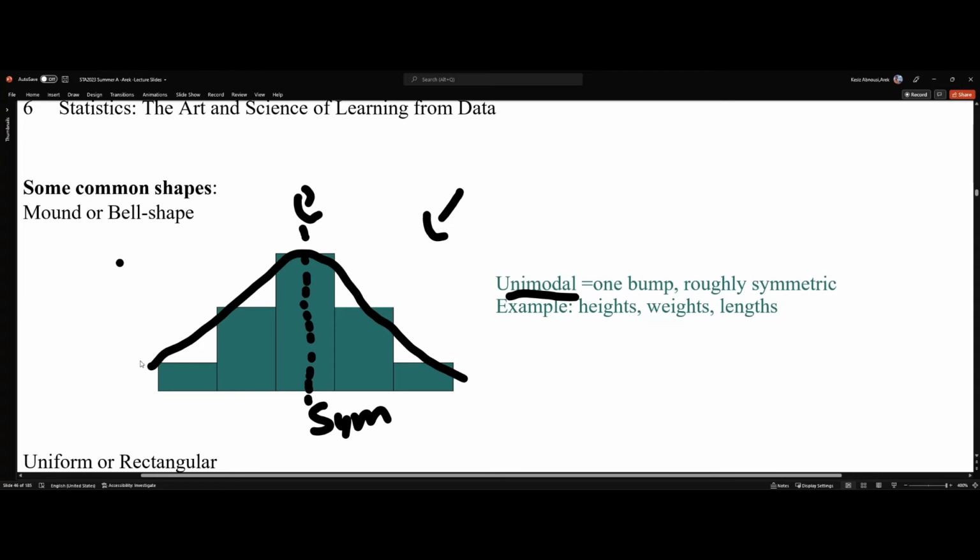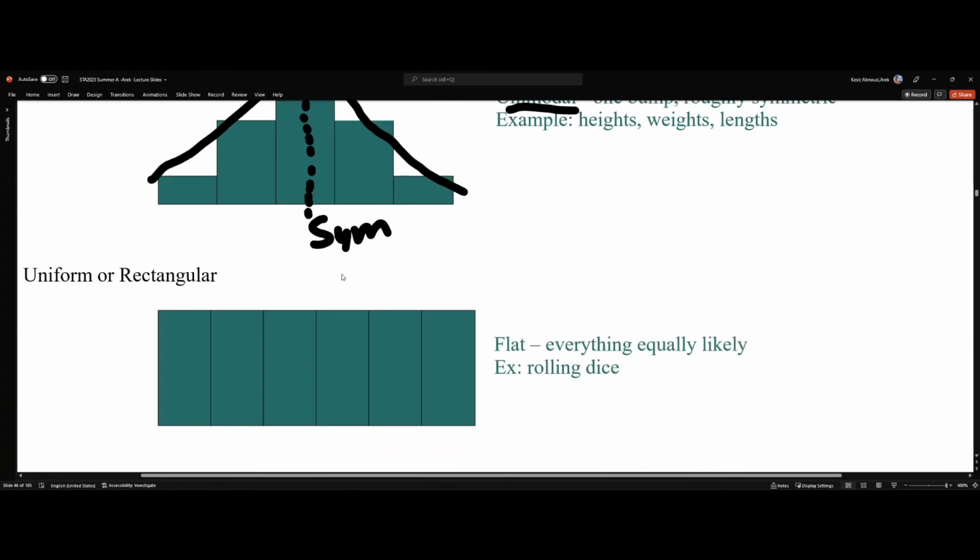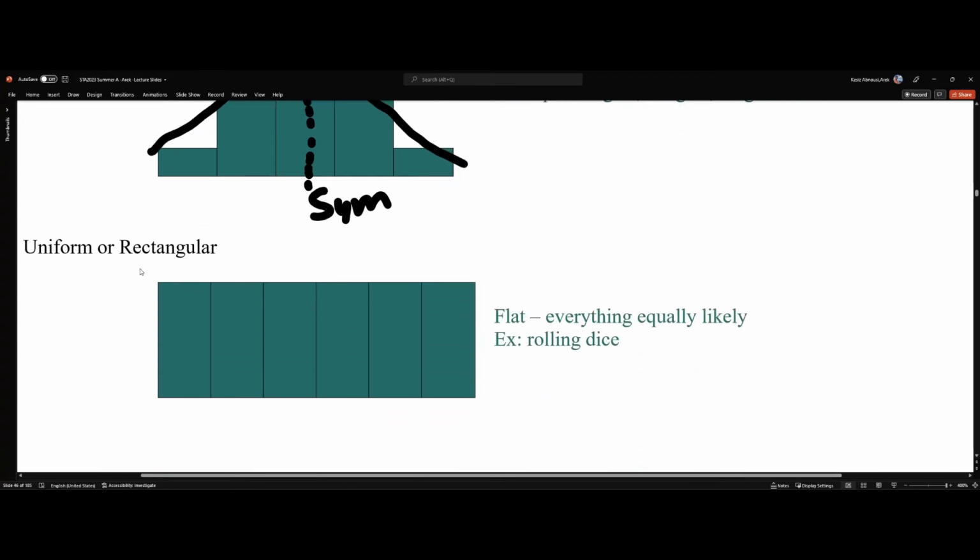Some examples of data which could look like this if we put them in a histogram are the heights of people, or the weights, or the lengths of something. And if we take a very large number of points, it will look like this, a normal distribution. And this is called uniform or rectangular because it's flat. Everything is equally likely. Every value has the same probability of occurrence.